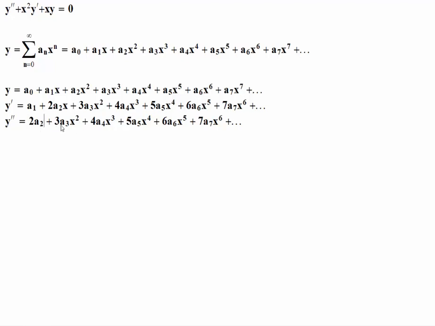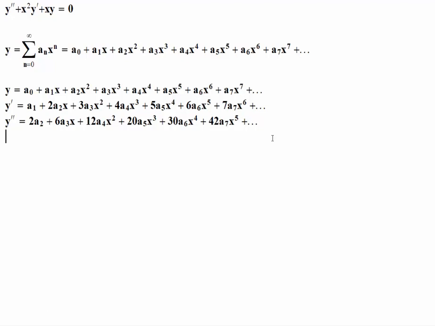And then we will have 3 times 2, that is 6, and then 6 times x. And here I wrote the entire second derivative for you. As I said, we had gone this far, 6a sub 3x, and then this would be 4 times 3, that is 12a sub 4x square, and so on and so forth.